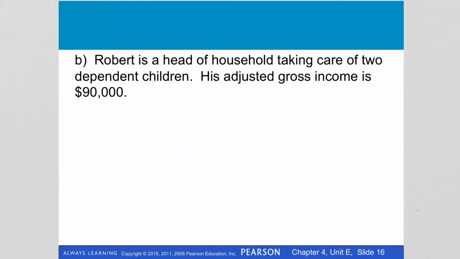So Robert is a head of household this time, taking care of 2 dependent children. His adjusted gross income is also $90,000. So, we first find the taxable income.